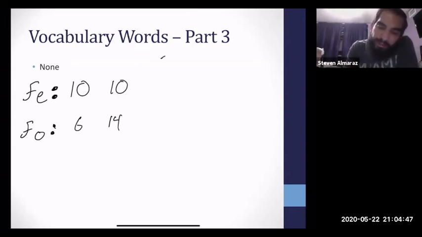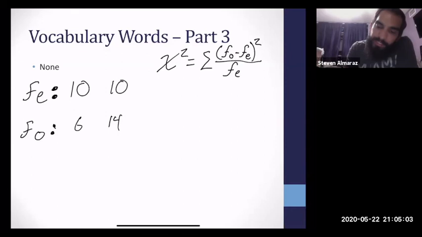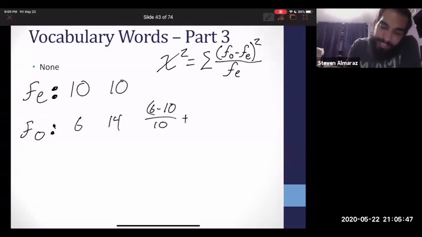Now here, we have to remember our chi-squared formula. Sum of frequency observed minus frequency expected squared divided by frequency expected, okay? So that'll be 6 minus 10 squared over 10 plus 14 minus 10 squared over 10.